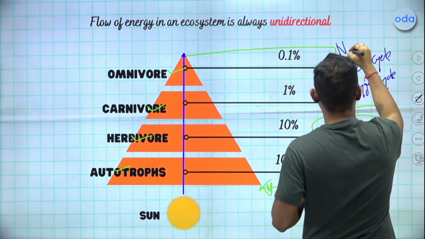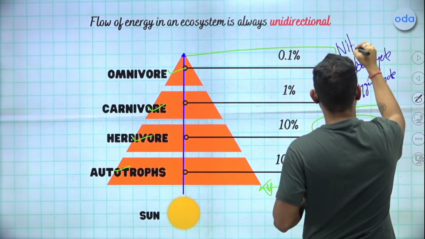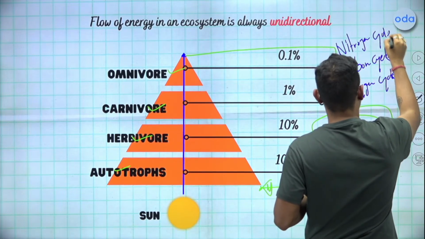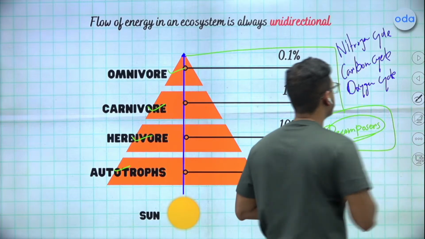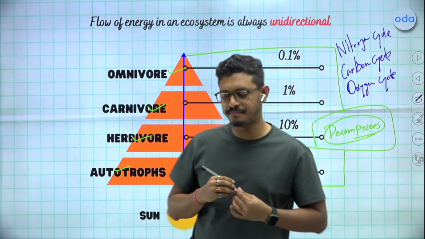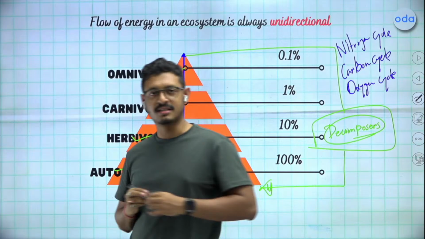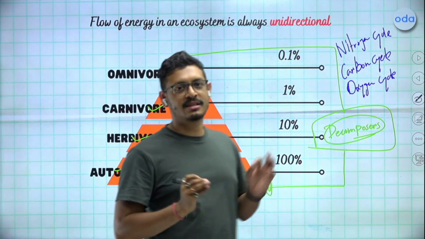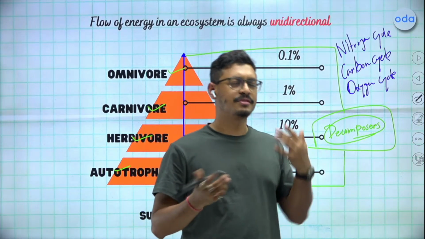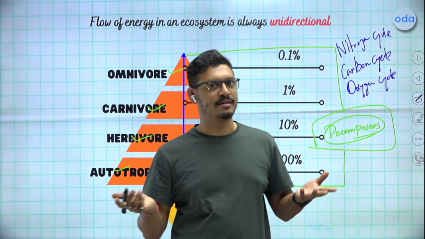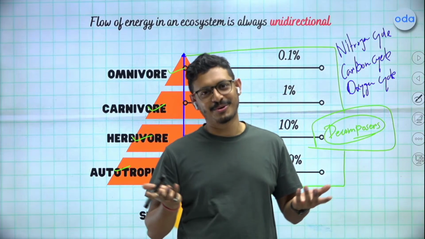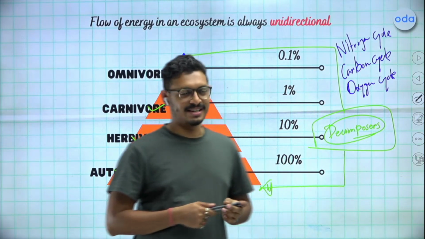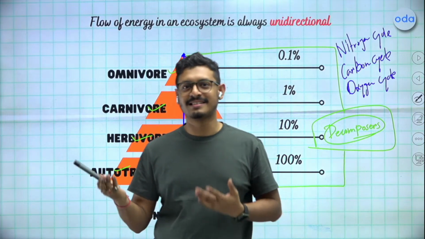You also have the nitrogen cycle. So these, C, O, N: carbon, oxygen, nitrogen, are among the most common ingredients for creating life. Hydrogen is also there, but hydrogen is available everywhere. It's the first element on your periodic table, so not a big deal. But these cycles are very important, and decomposers help maintain them.